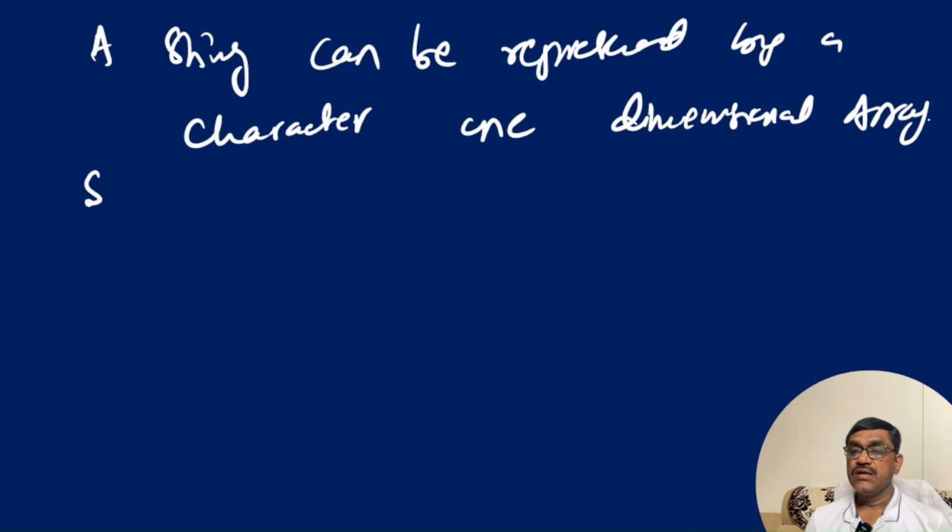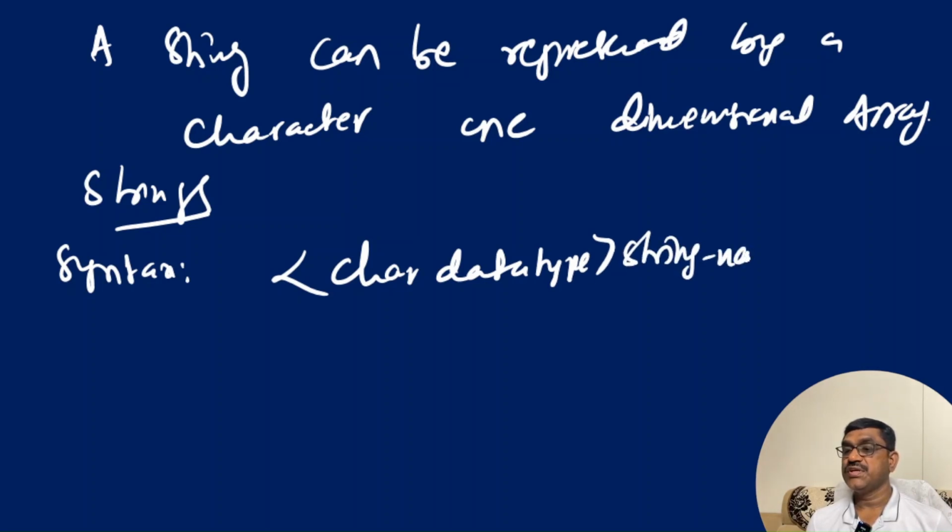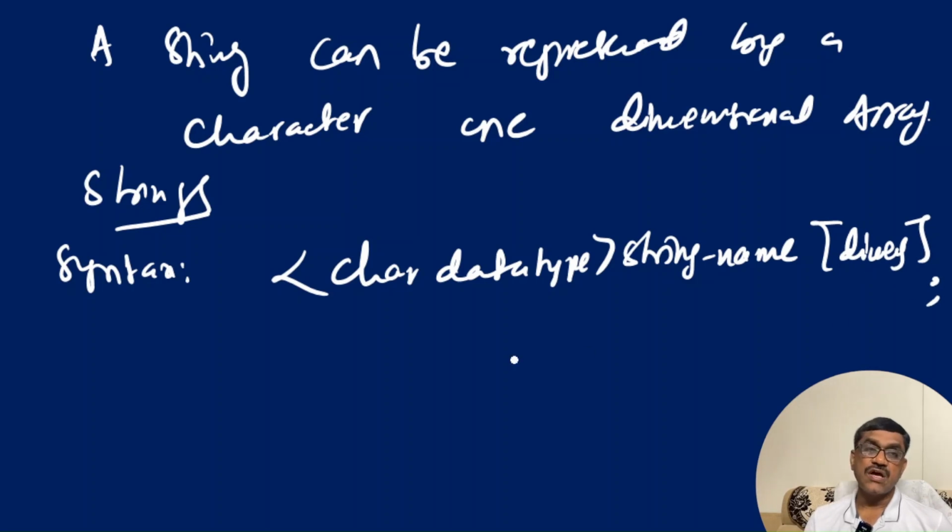How to represent the string? The syntax is: the character data type, then a name, which we call the string name, and then we mention the dimension. This is the normal syntax for representing a string.